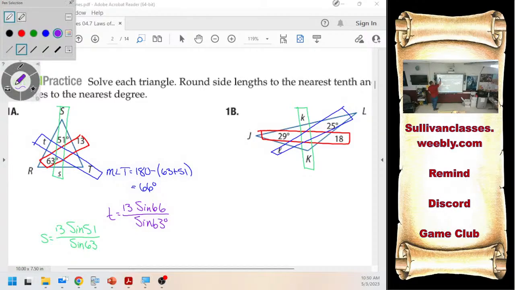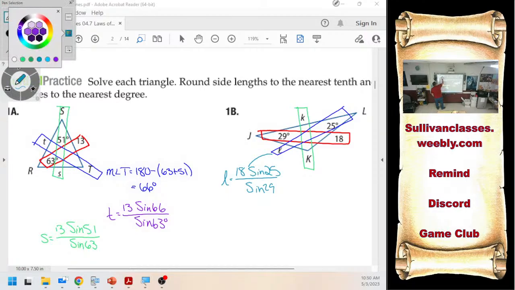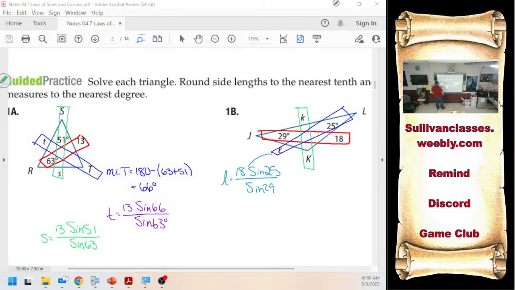For the other one, same business. Okay, if I want to find little L, my control pair is 18 and sine 29. It's paired with 25. If I'm trying to find K, I better go find angle K first.